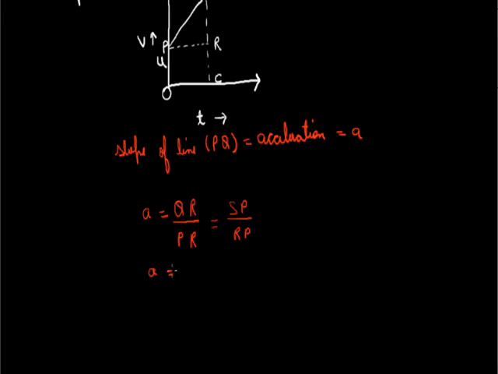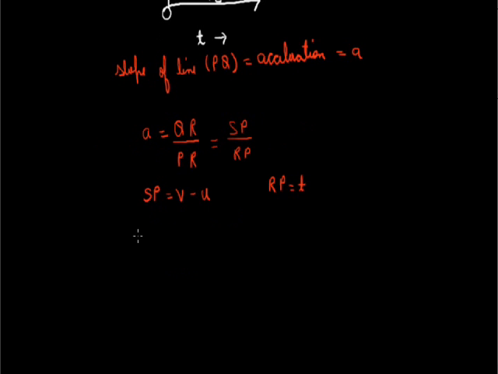On substituting the values, we get SP as v minus u and RP as t. Now put these two values in the above formula of a. We get a equal to v minus u by t, which implies at is equal to v minus u.